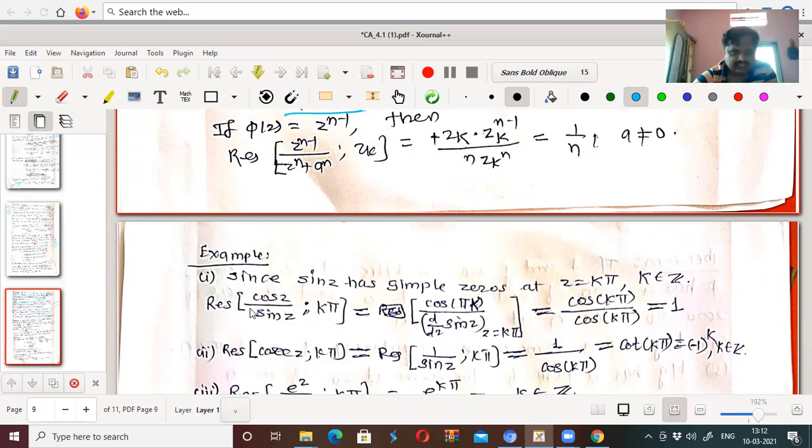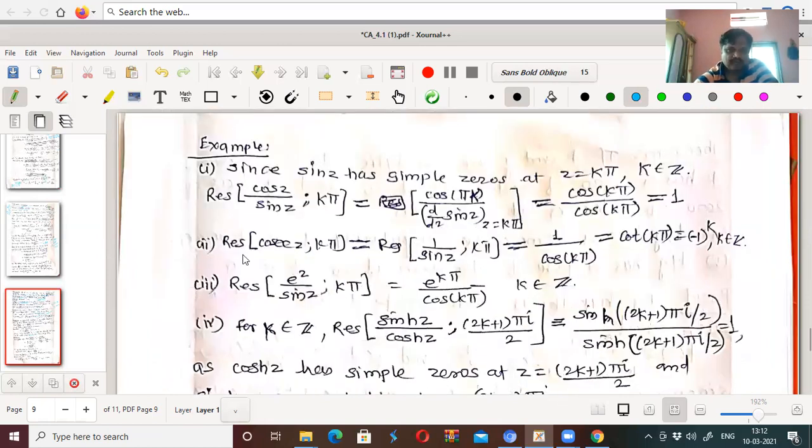So the numerator is analytic, and this 1 upon sin z has a pole of order 1. Therefore, its residue becomes cos of k pi, that is cos at z0 divided by the derivative of sin z at z equal to k pi, which is cos k pi upon cos k pi, which is equal to 1.